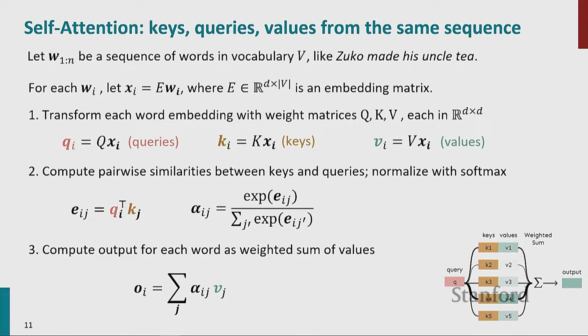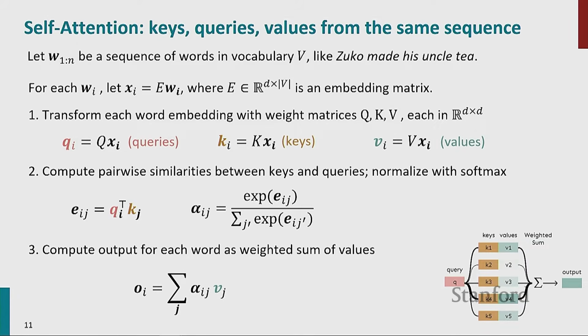So I've got this output for word i. Maybe i is 1, for Zuko. And I'm representing it as the sum of these weights for all j, so Zuko and made and his and uncle and tea, times the value vector for that word j. I'm looking from i to j as much as alpha_ij.